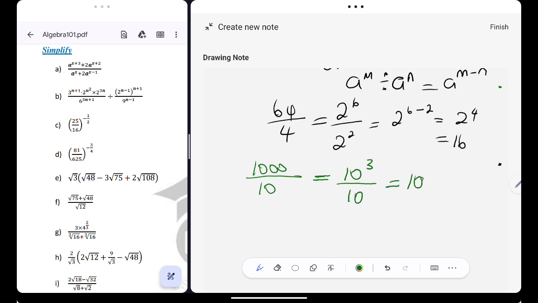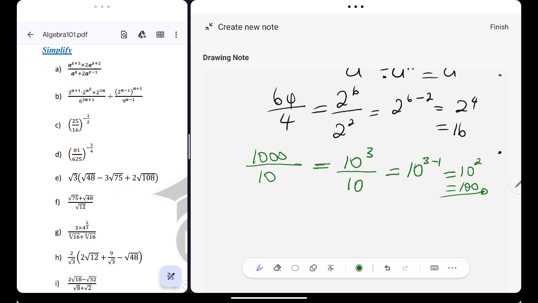This is 10 to the power 3 minus 1. 10 to the power 3 minus 1 is 10 squared, and 10 squared is equal to 100. So this is how you solve it using exponents. Because I know maybe from grade 4 you were just taught to do this, then you left it as 100.